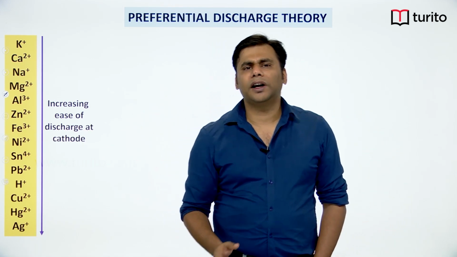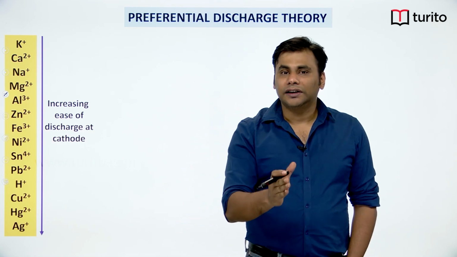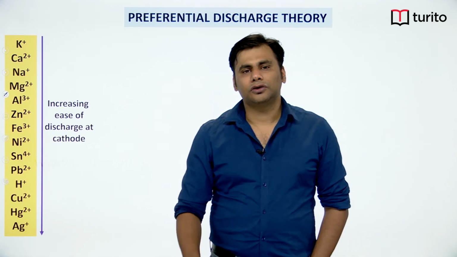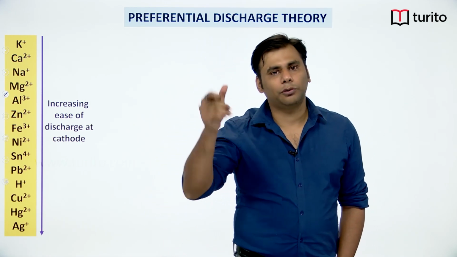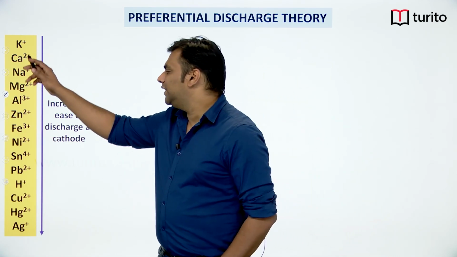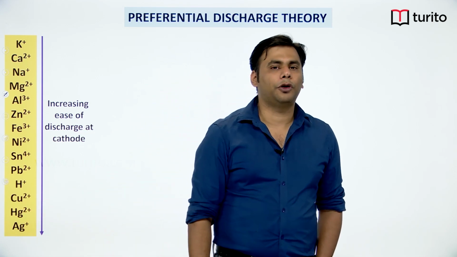So group 1, group 2 metals have positive oxidation potential. That means the reduction of the cation would not be so easy or so spontaneous, because their reduction potential would become negative. Okay, so the reduction potential of these ions are negative, hydrogen is 0, and then the reduction potential becomes positive.